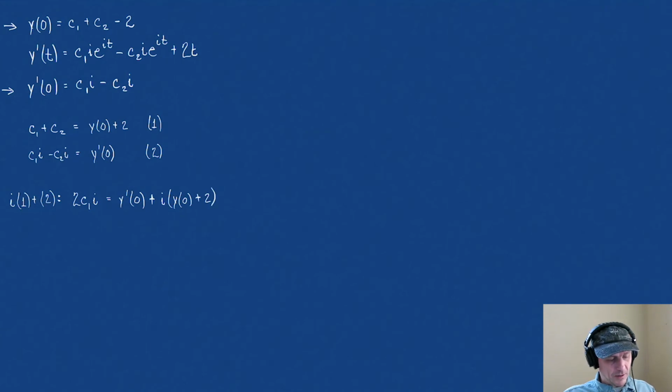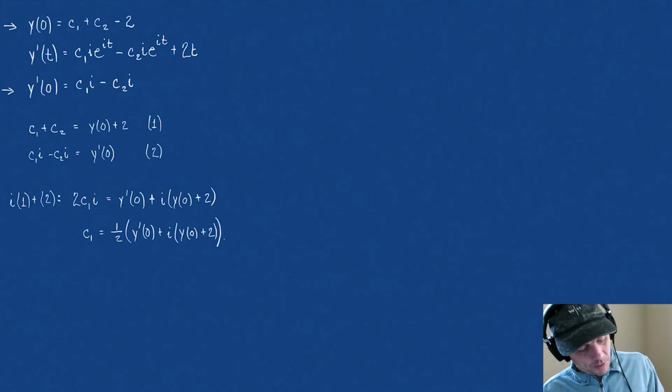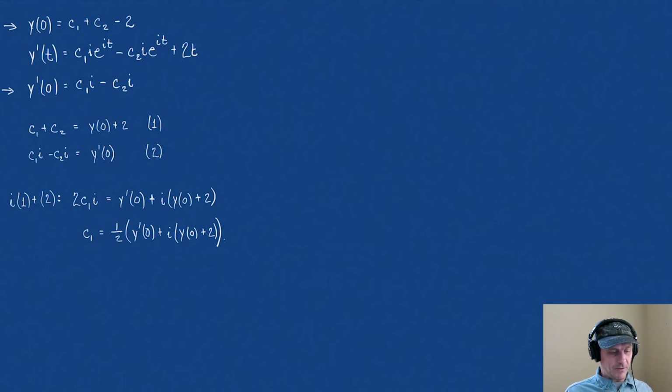Okay, let's find out now what c1 is. So c1 is going to be 1/2 of all of this: y prime of 0 plus i times y of 0 plus 2, quantity. There we go. That's a pretty good looking c1 if I've ever seen one.